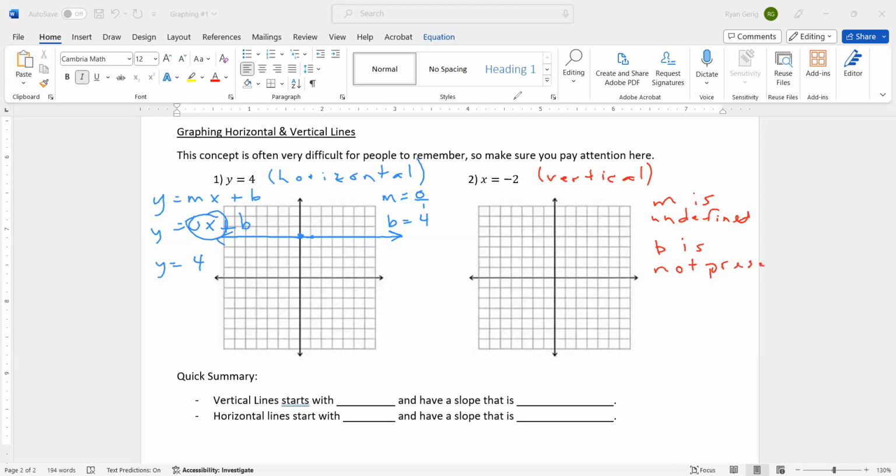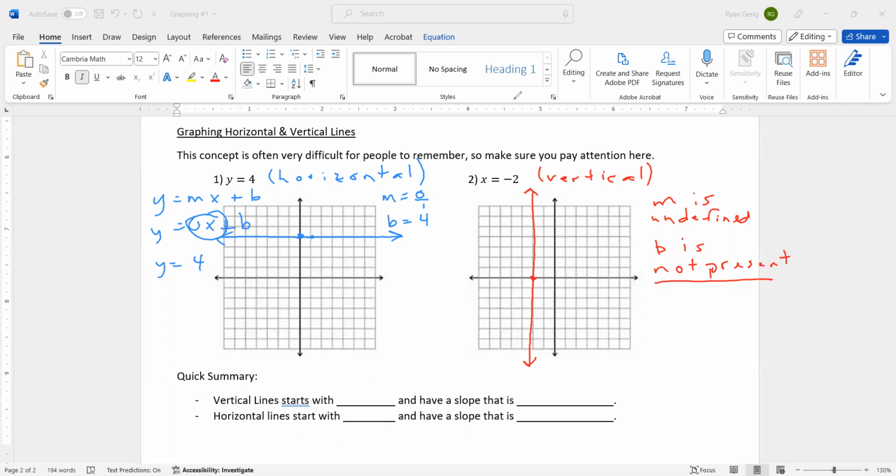And you'll see why here in a second. x equals -2. That's the x-intercept, or where the line crosses the x-axis. And it's straight up and down through there. Every point on that line has an x coordinate of -2. Notice that it does not cross the y-axis. That's why the y-intercept is not present.